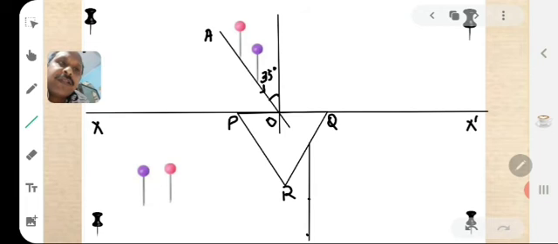So in this manner we can draw the emergent ray. Now let us join the incident ray. We can drop a normal. First of all, let us drop a normal at this point.